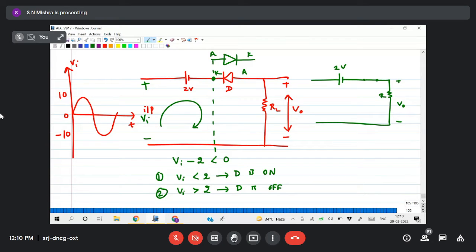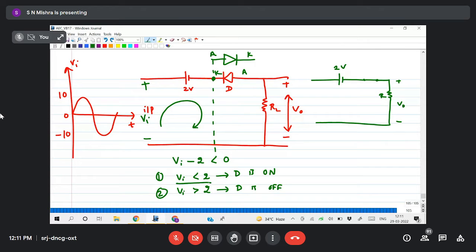Now you tell me, for positive half cycle or negative half cycle, will the diode be on? If the 2 volt were not present here, assume this is not present, in that condition, positive half cycle or negative half cycle, the diode will be on. Negative. Negative half. Now, because this 2 volt is there, it is not exactly below 0, it is below 2. Below 2 it is on.